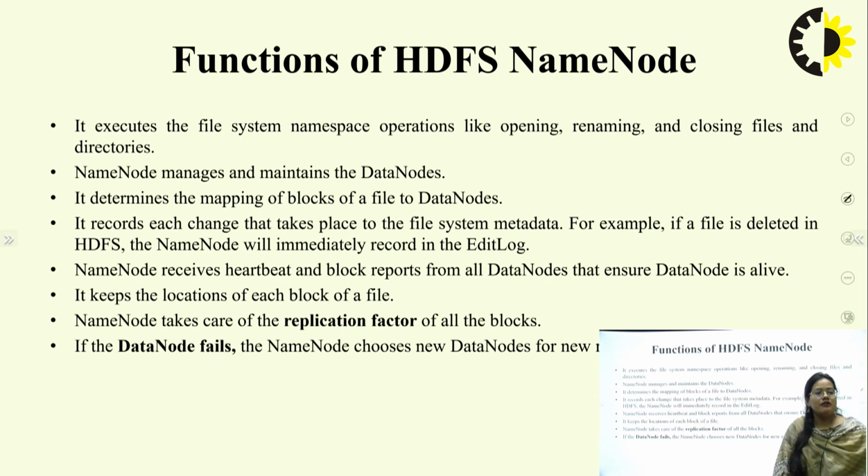For example, if a file is deleted in HDFS, the name node will immediately record it in the edit log. It regularly receives heartbeats and block reports from all data nodes that ensure data nodes are alive. It keeps the location of each block of a file. The name node is also responsible to take care of the replication factor of all the blocks.